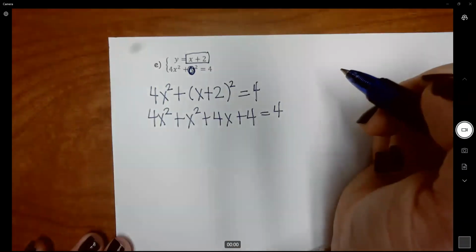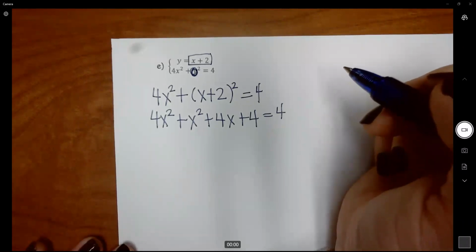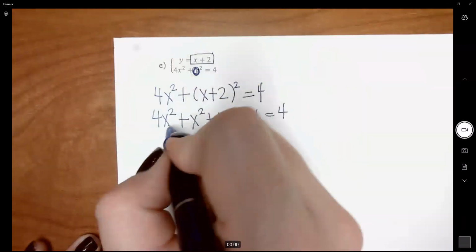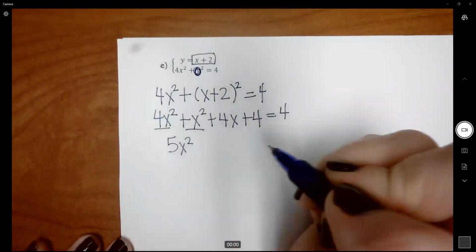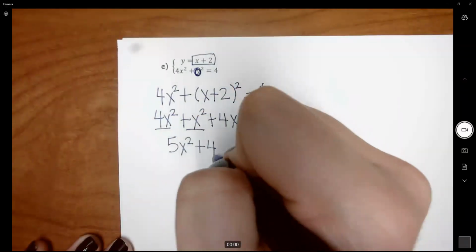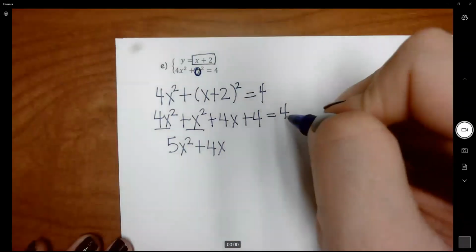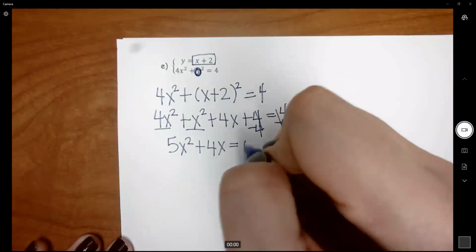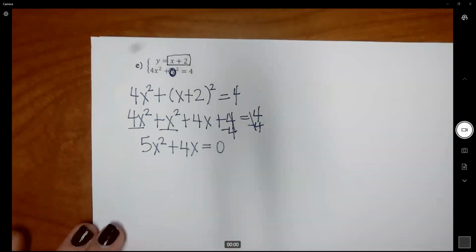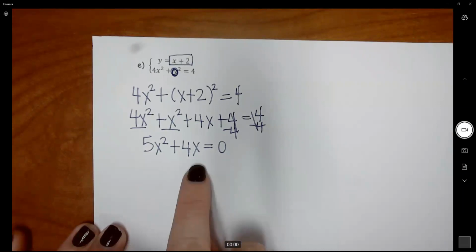So we got a quadratic. So let's get everything to one side and let's combine our like terms. 4 plus 1 gives me 5x squared plus 4x. We're going to subtract our 4 and it cancels both. So this equals 0. So we do have a quadratic.